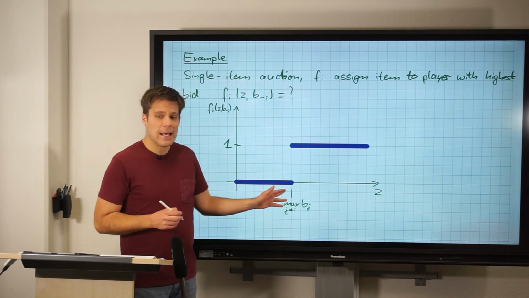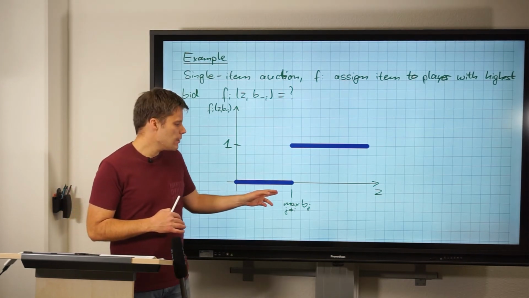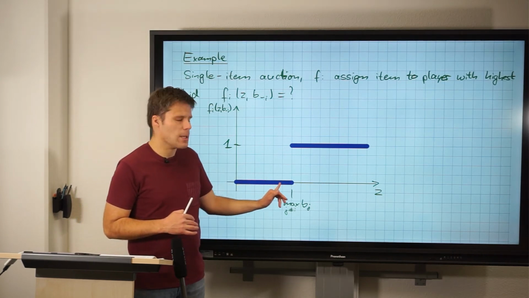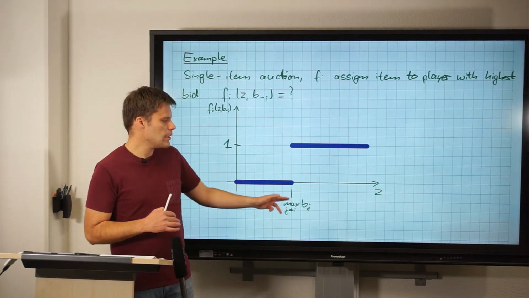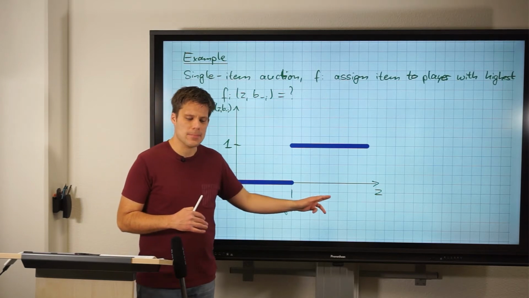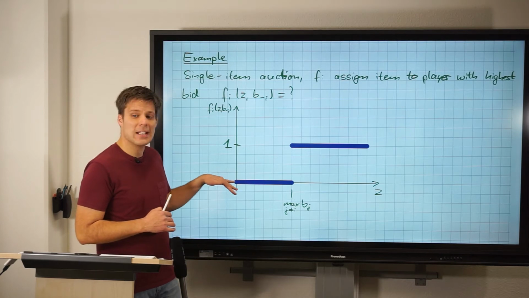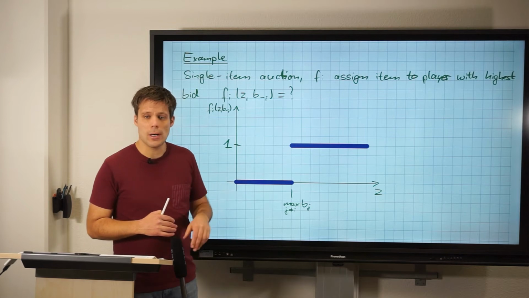I'm keeping the other bids fixed all the time, and now I just slowly increase my bid. First, I'm not getting anything, and then there's the point at which I become the bidder with the highest bid. And suddenly my outcome increases from getting nothing to getting the item, from 0 to 1.